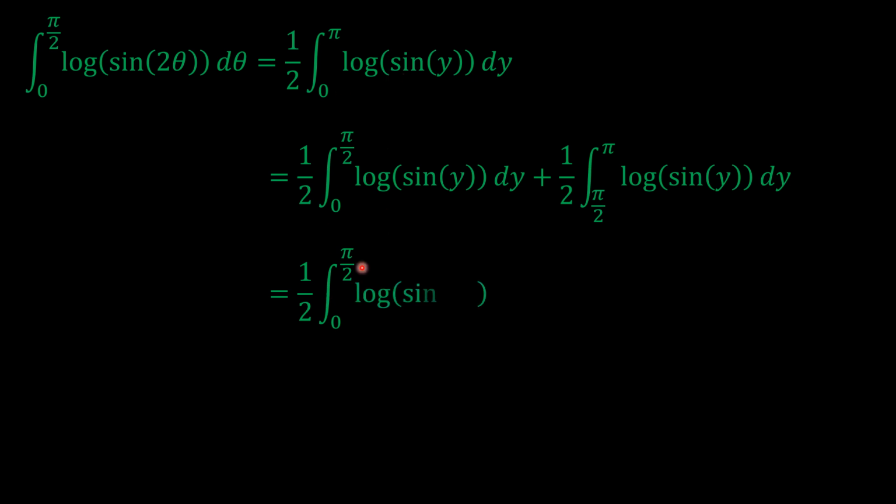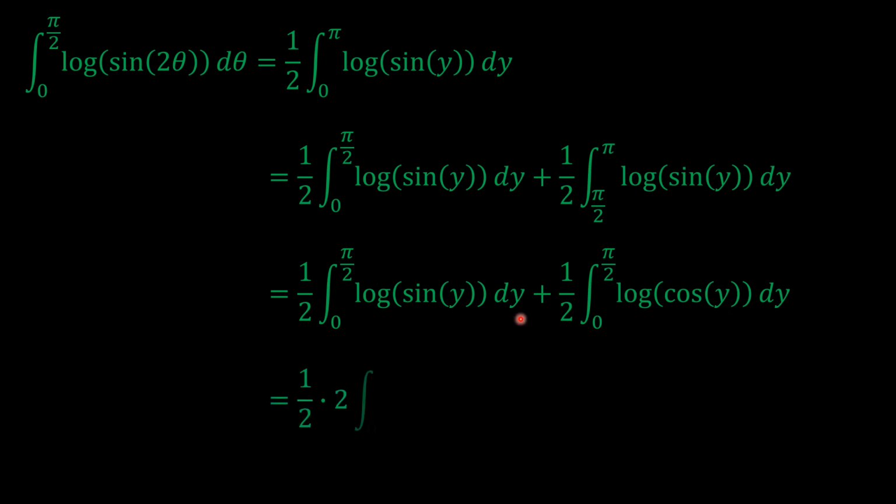That can allow us to see that this half log of sine of y plus half, we can subtract pi over 2, and so we have sine of y minus pi over 2. This becomes cosine y, right?